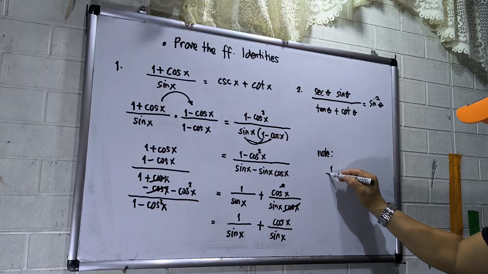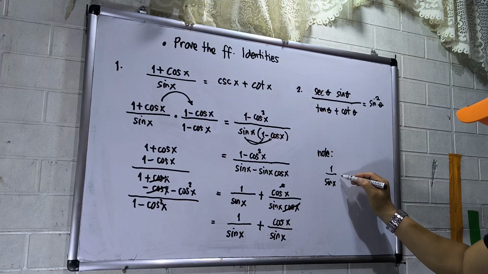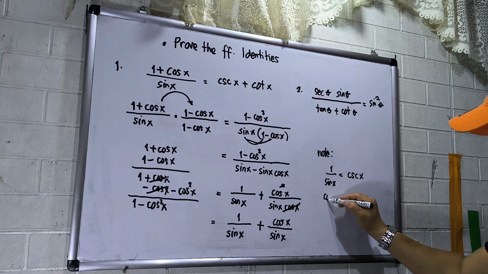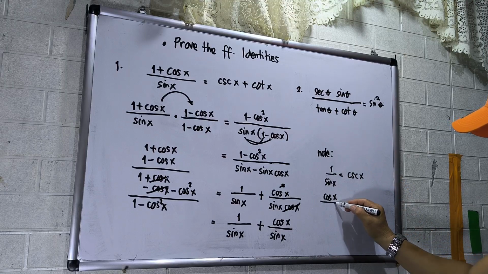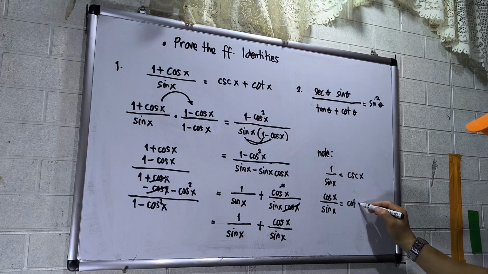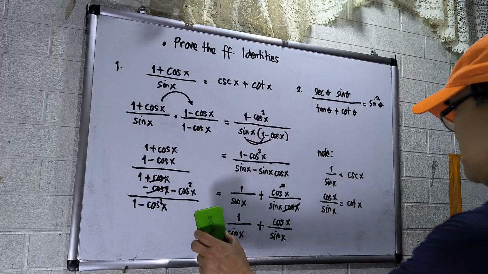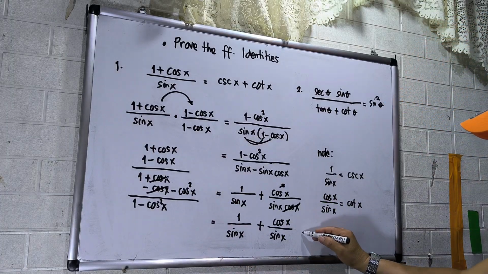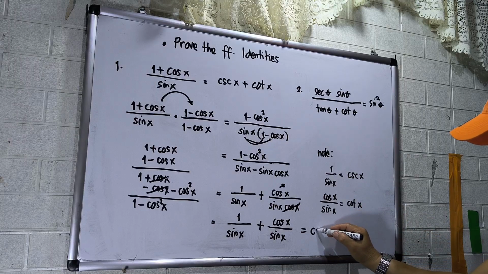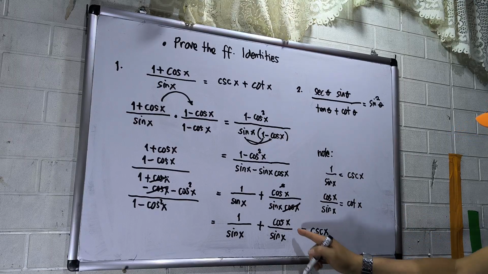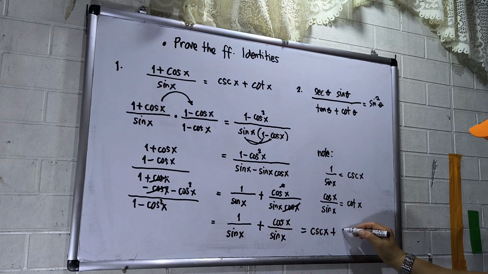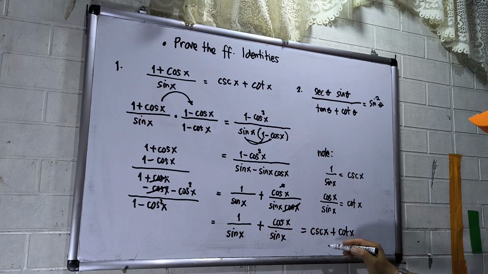Note that 1 over sine x is equal to cosecant x. And we know that cosine x over sine x will be equal to cotangent x. So this will be 1 over sine, that is cosecant x, plus, because this operation is addition, cotangent x.